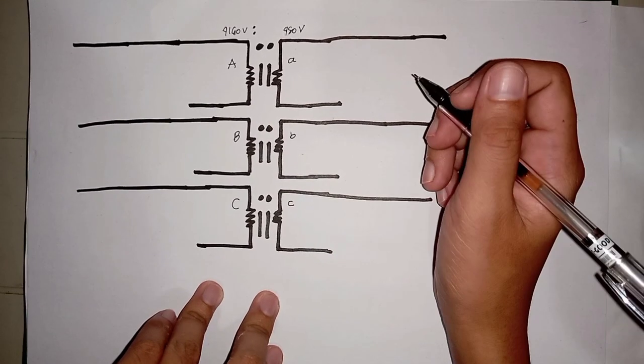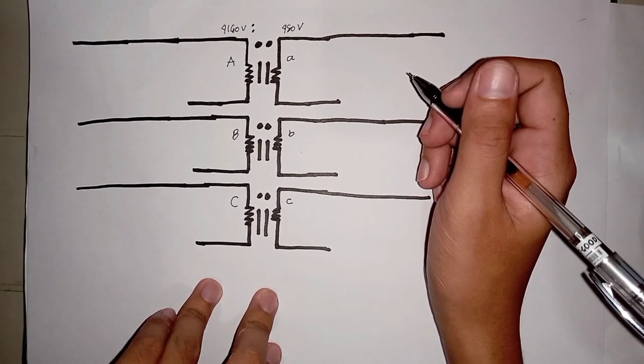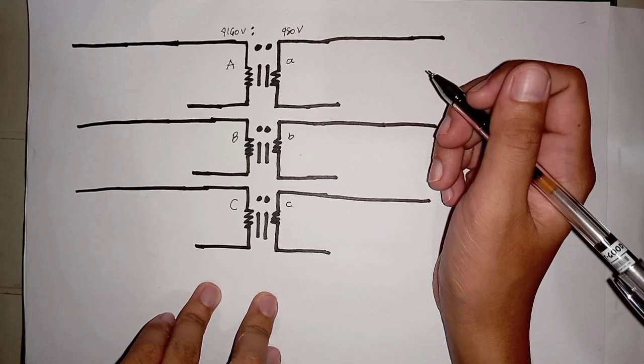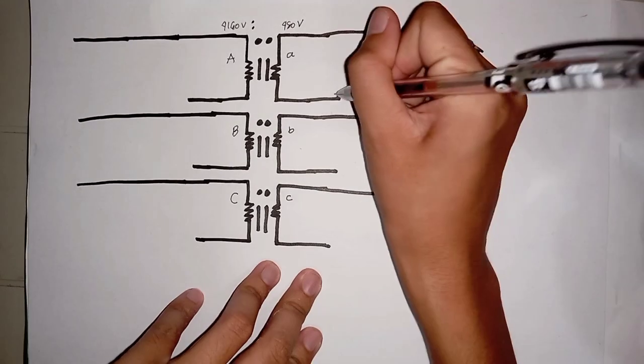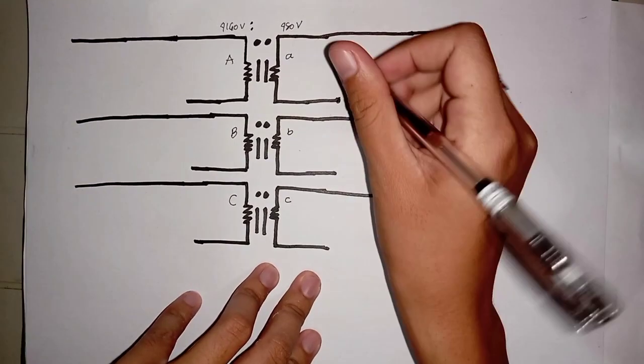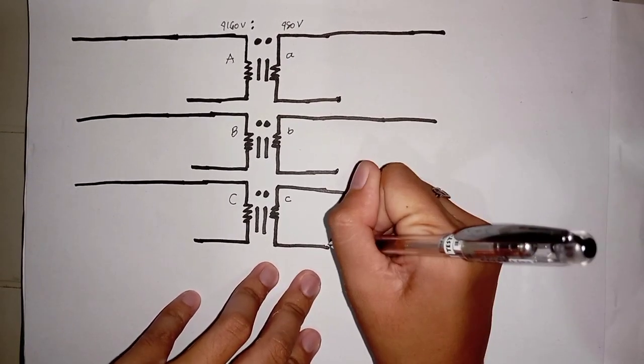Since we're starting a Delta-Wye transformer connection, let's start by connecting our secondary winding in Y. So we're going to connect winding A, winding B, and winding C together.